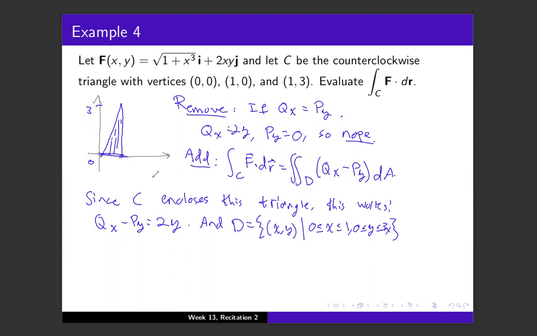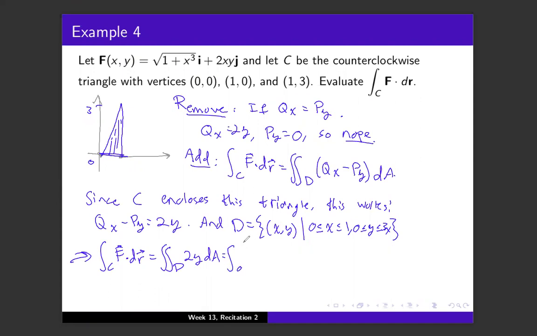And that gives us this region inside of there. So the integral over F dot dr, what's that going to become? That's the double integral over this triangle of the function 2y dA.